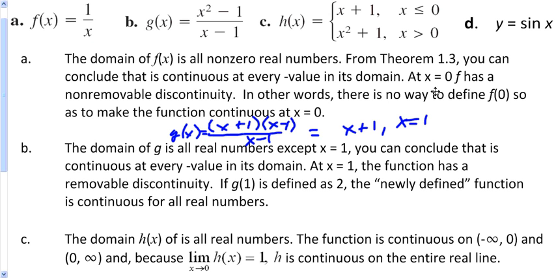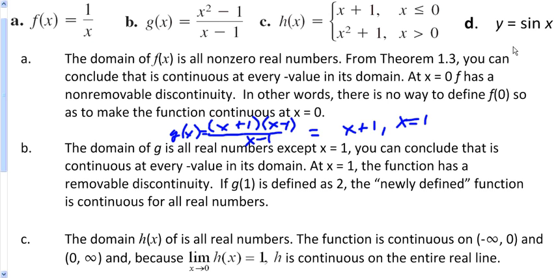Looking at your left-handed limit, numbers slightly less than 0, you'd have to plug it into the top one because that's what it's defined for. You plug it in and you get 1. Since your left-handed limit equals your right-handed limit, and that's 1, and that's the same as what it's defined to be, then it's going to be continuous.